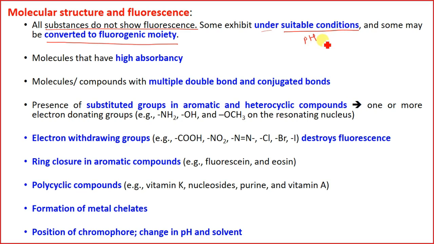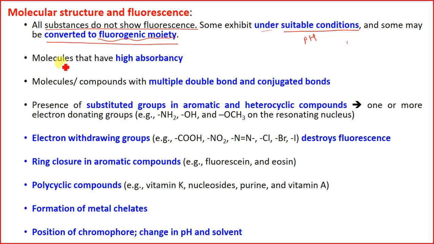Or some may be converted to a fluorogenic moiety. That means you have a molecule, to that you attach another group which will make the system fluorogenic, and that's why it is called conversion to a fluorogenic moiety.